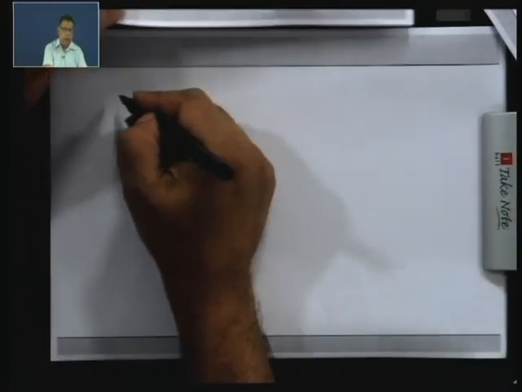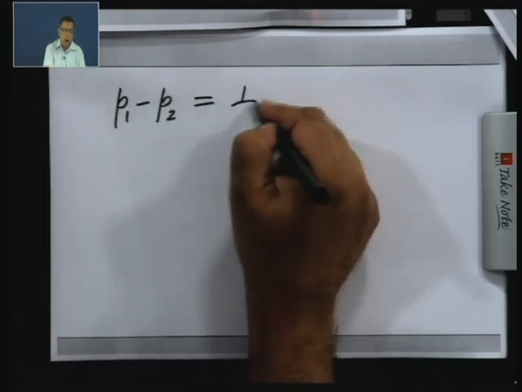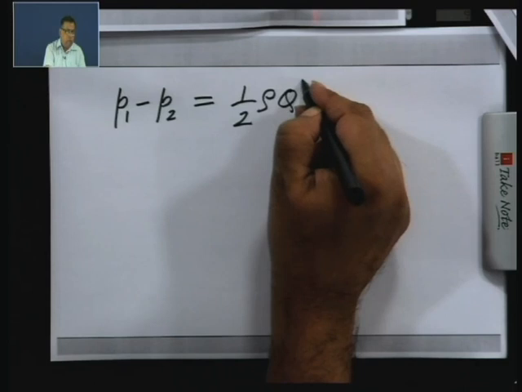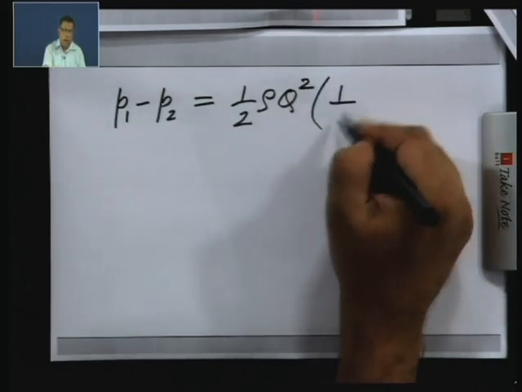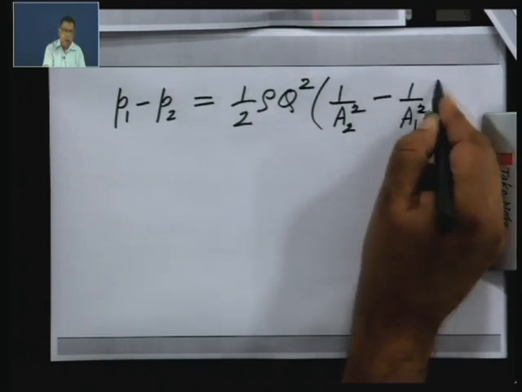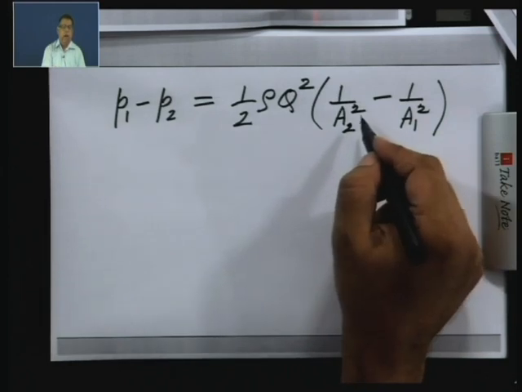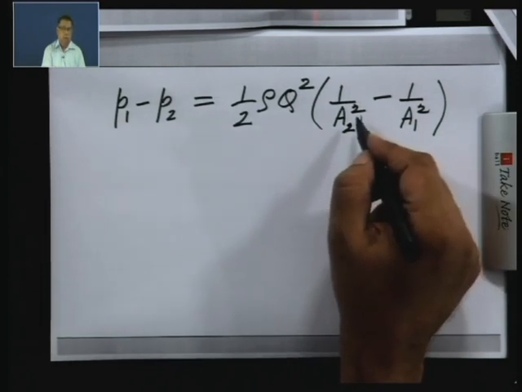We had shown earlier that P 1 minus P 2 is half rho q squared into 1 by A 2 squared minus 1 by A 1 squared. So, A 2 is the minimum area, or the area at the throat of the venturimeter.